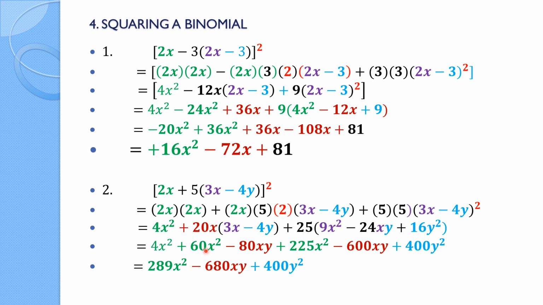So 4 plus 60 is 64. 64 plus 225 would give me 289x squared. Minus 600 minus 80, it's the same as saying 600 plus 80, so that gives me negative 680xy, and then 400y squared stays 400y squared.